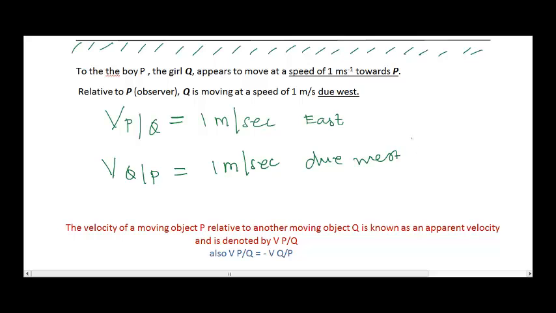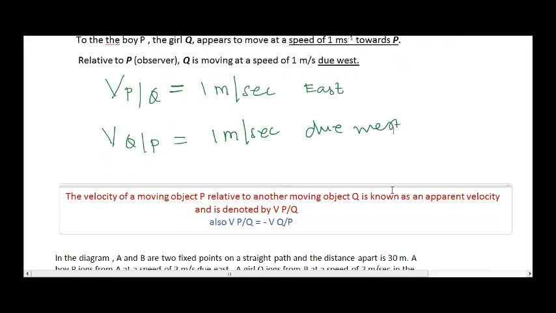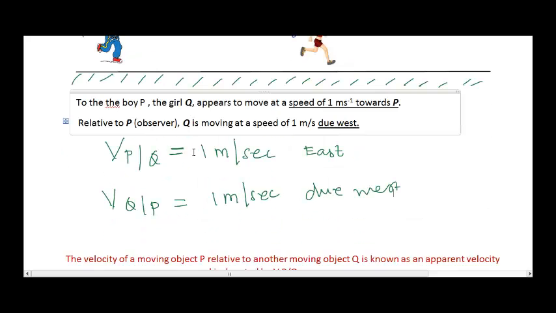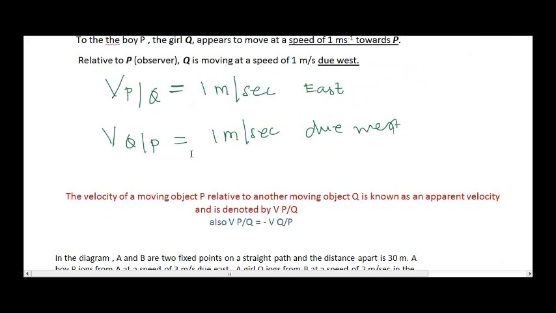Or it is towards him. So this is relative velocity. Based on their speeds, we can compare. In case both of them are moving at the same velocity, 3 meters per second, then they are maintaining the same distance, right? So the relative velocity would be 0 meters per second, whether it is Vp given q or Vq given p.